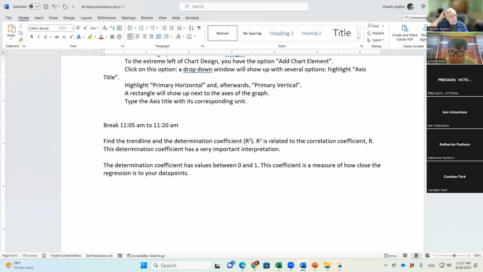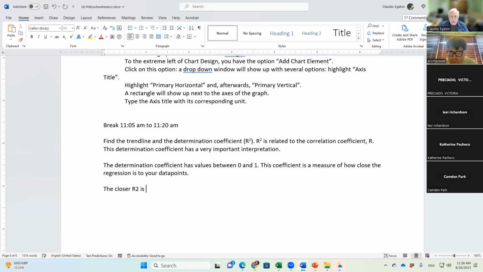Okay, if our R square is 0, it means that your regression equation is very far away from your data points. It's not a good fit. If R square is close to 1, it means that your regression equation is a good fit to your data points.